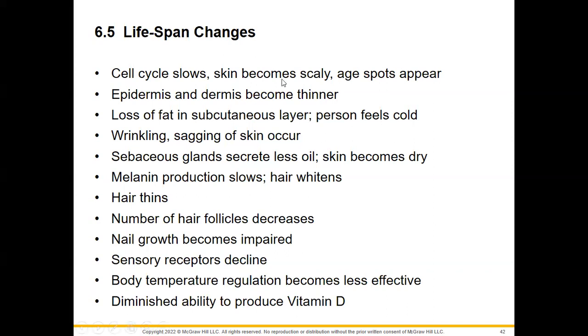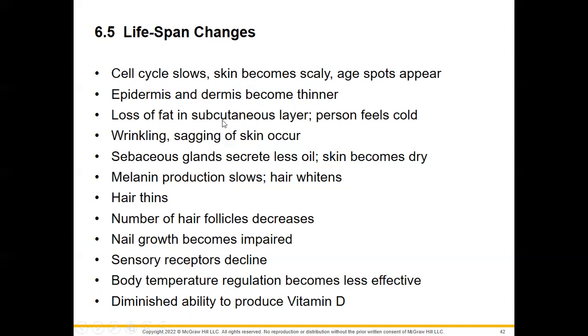That can cause those cells that are now older to start to look more scaly. You start to see more spots. The epidermis and dermis become thinner because you're not getting as much cellular exchange or cell production of things like those collagen fibers, elastic fibers, etc.